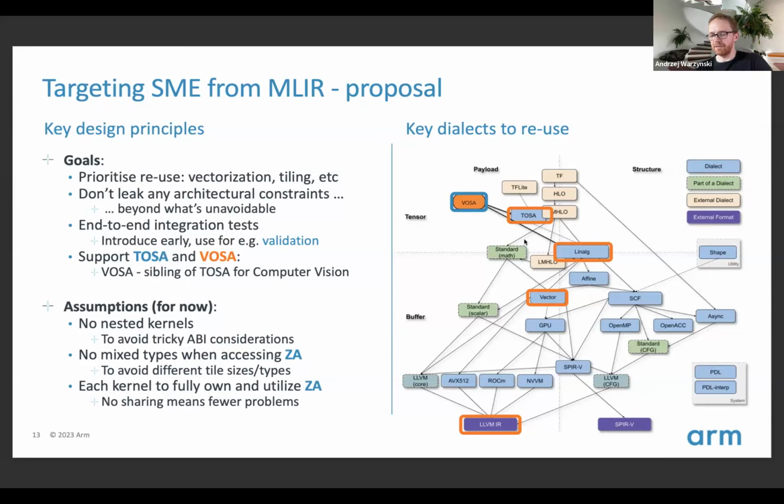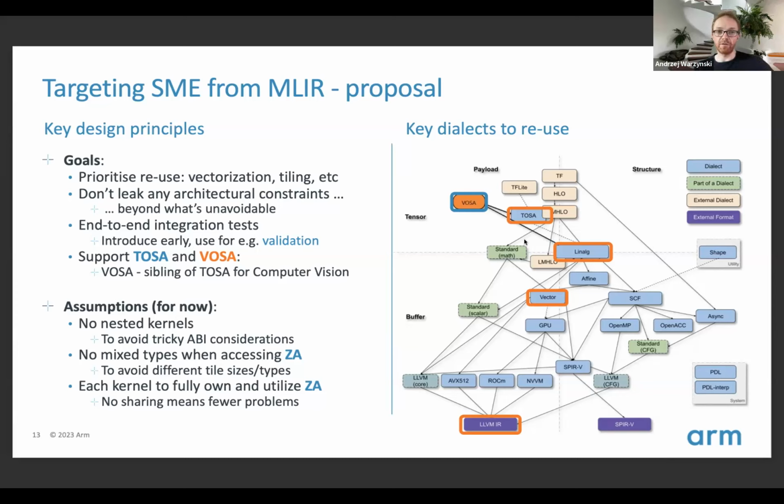I highlighted the key dialects that we are looking at, most notably Linalg and Vector, and I highlighted those because what we're trying to achieve is to be able to lower from Linalg via Vector to SME, because these are basically these funnel dialects, and we believe that by enabling Linalg to SME lowering, we will be enabling quite a lot of frameworks, and that's quite important for us.